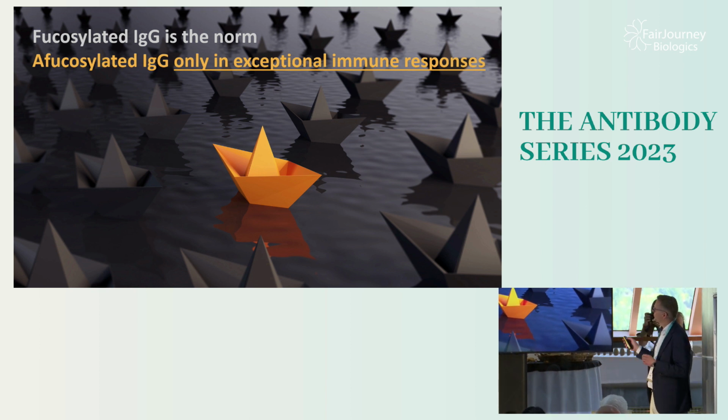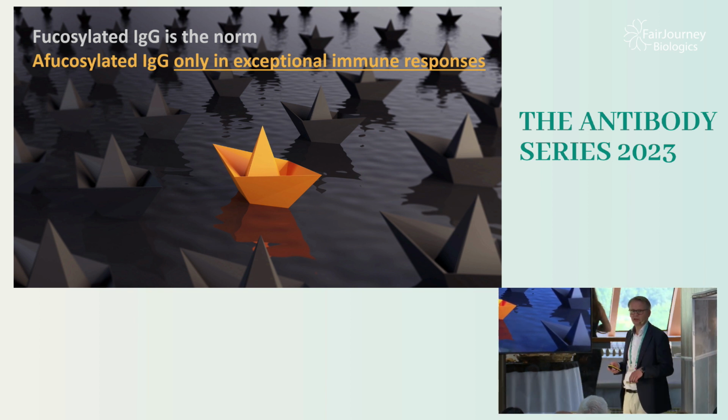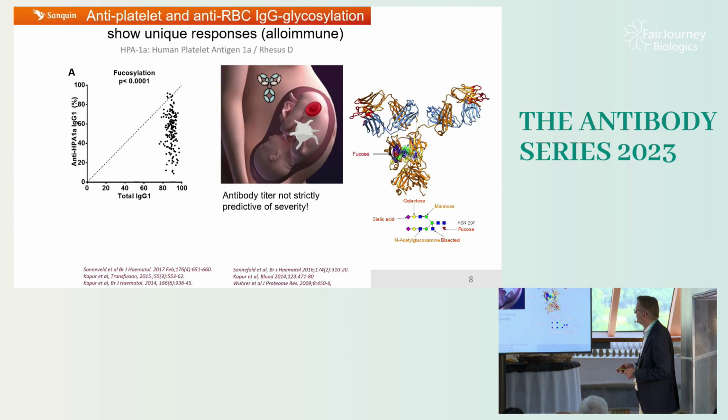Although fucosylated antibodies are the normal situation that we have, afucosylated antibodies are found as the majority of antibodies in some immune responses, and I'm going to highlight which responses these are. So it started at this alloimmune pregnancy situation, where, and now I'm just showing the anti-HPA-1a responses, that's human platelet antigen 1A.